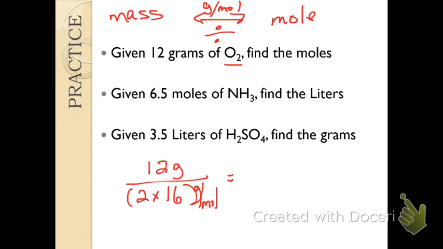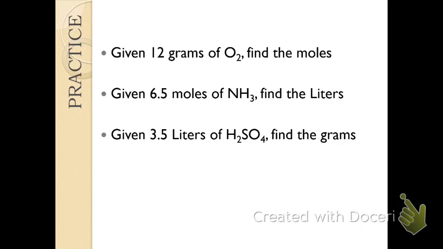So use your calculator. Put in 12 divided by, open parentheses, 2 times 16, close parentheses, press the equal sign, and my answer should be 0.375 moles of O2. And I'm going to pause here for a second.